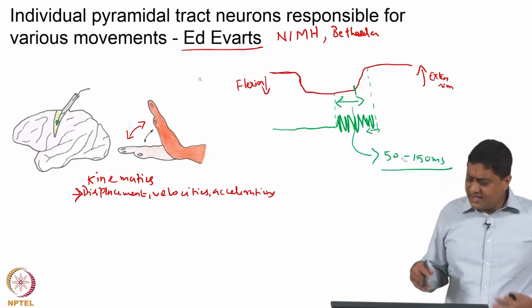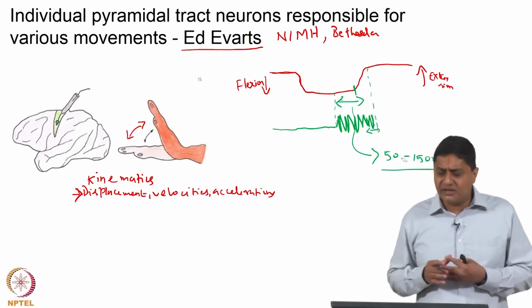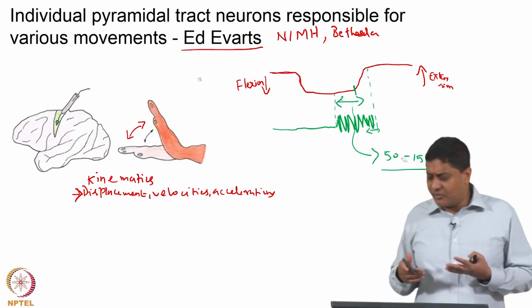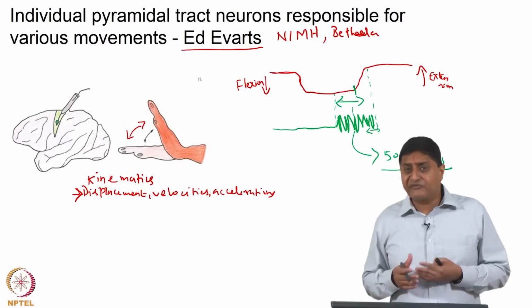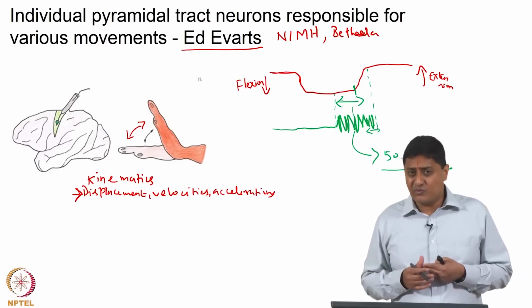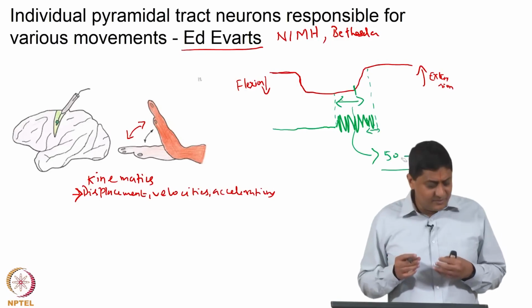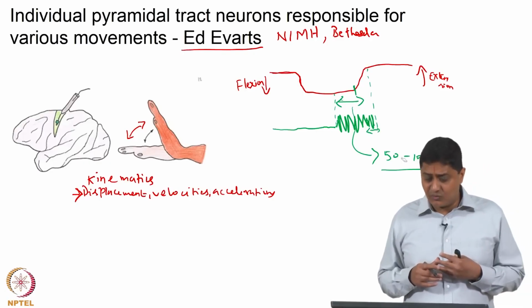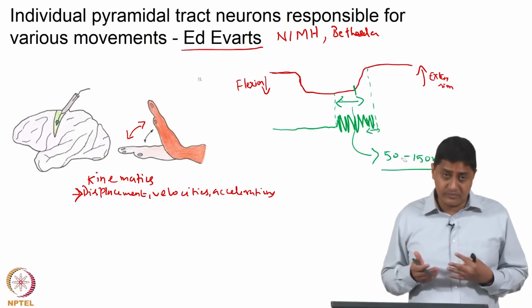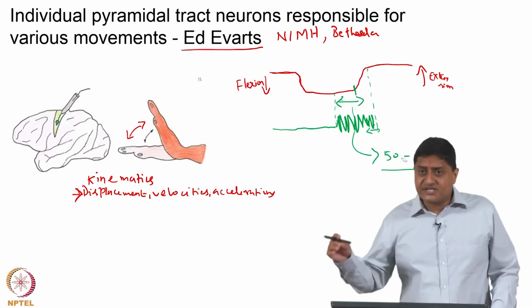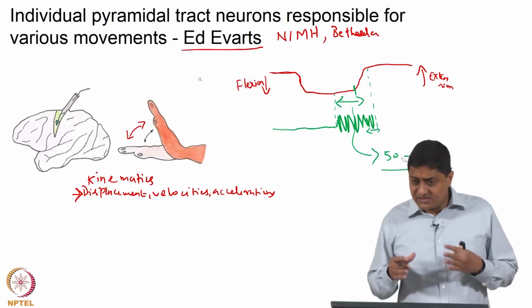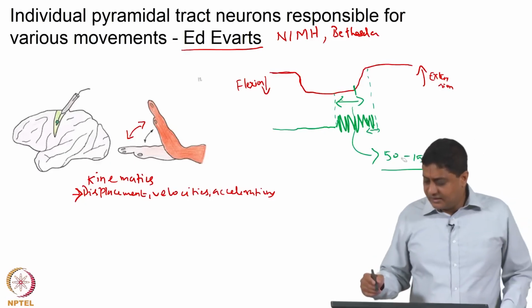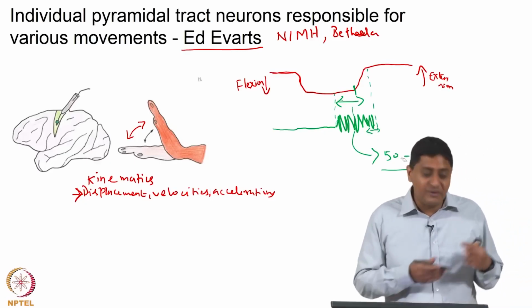Actually this particular topic continues to be actively researched. There is still debate about what is being performed in M1, what exactly is the role of M1. There is a raging controversy on what the primary motor cortex encodes, right. We will continue to discuss based on the previous studies, although this is being actively researched, we should continue to learn about what has been previously done.